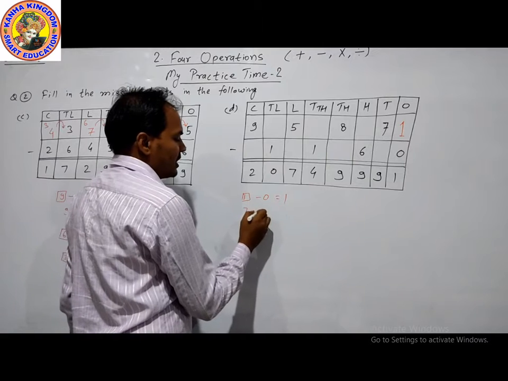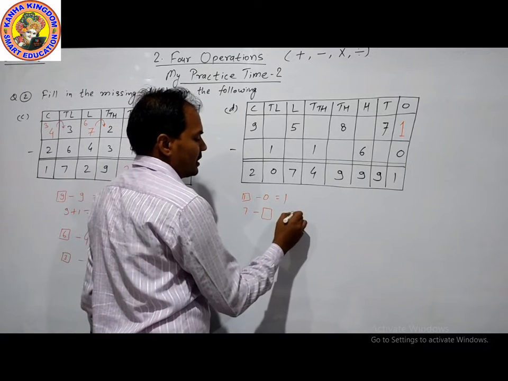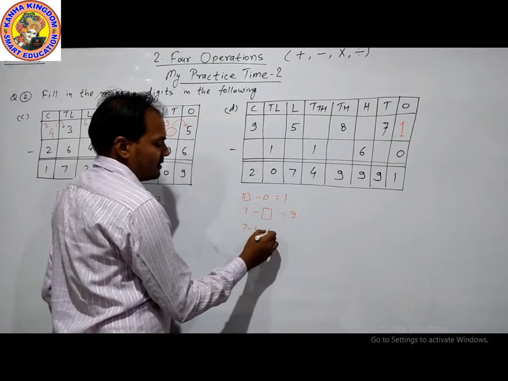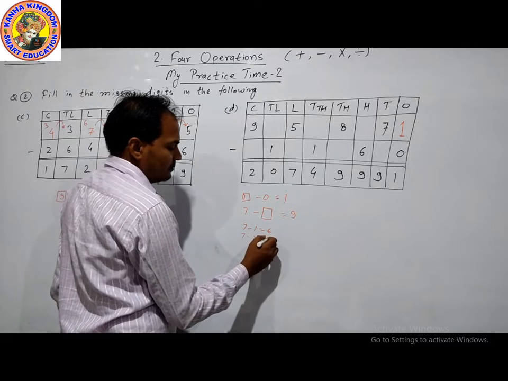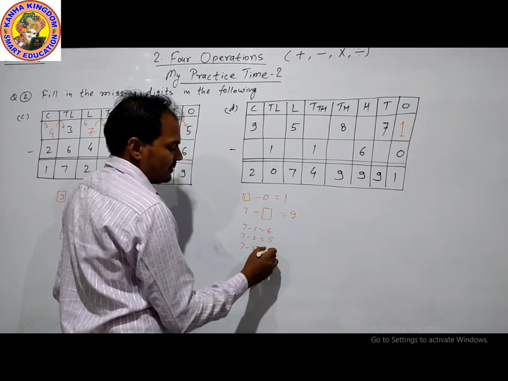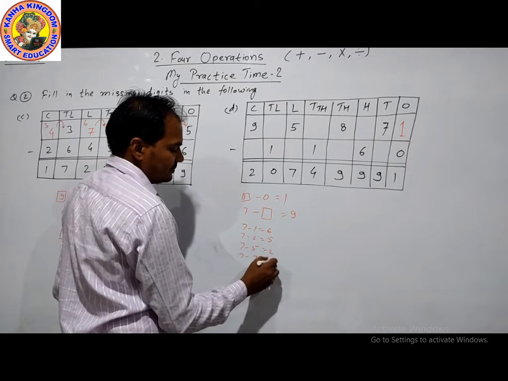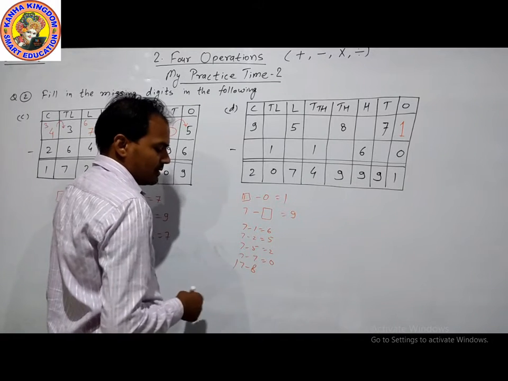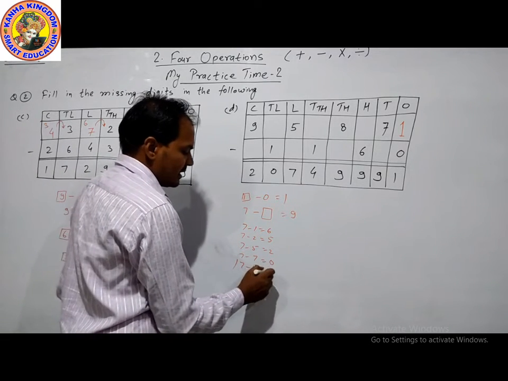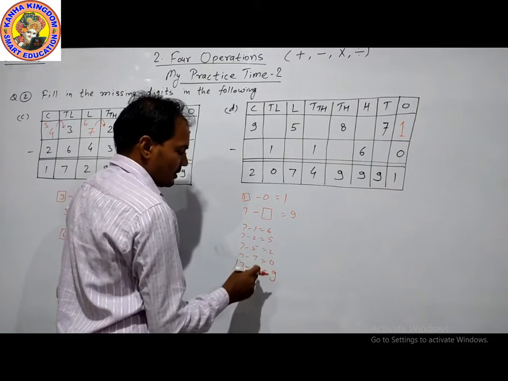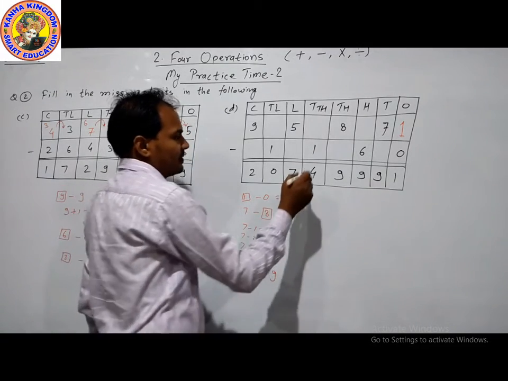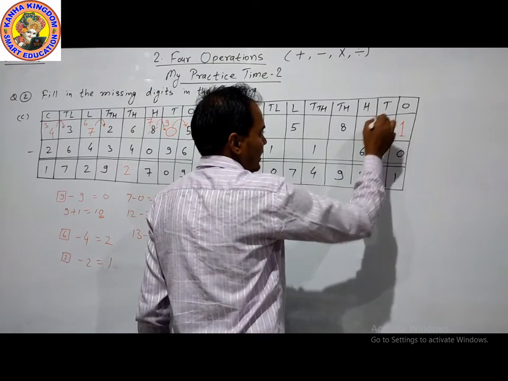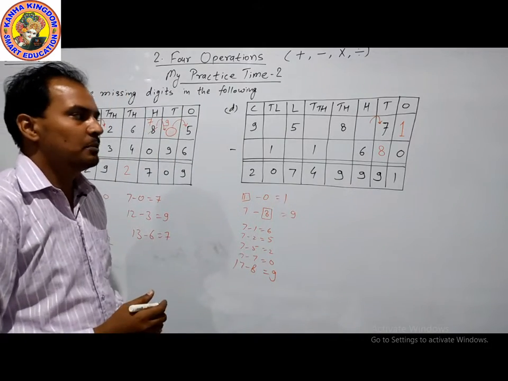Now next is 7 minus something is equal to 9. 7 minus 1, 6. 7 minus 2, 5. 7 minus 5, 2. 7 minus 7, 0. 7 minus 8 is not possible. So this is 17. 17 minus 8 is equal to 9. So this digit is 8. This will be converted to 17 by taking a borrow point.